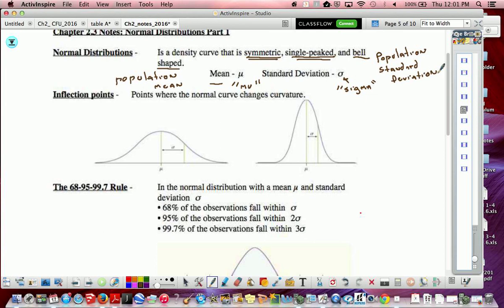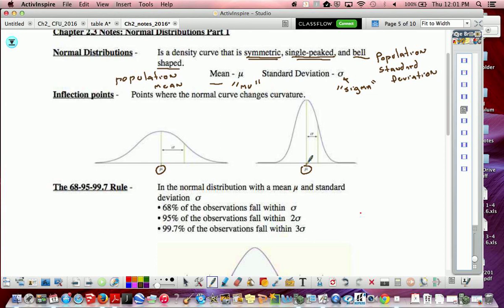So now, what happens in a normal curve is where the single peak occurs is at the mean, right smack dab in the center of the curve. So you can see our means right here on both of those curves. Then your standard deviation will start to dictate how wide or narrow your curve is.